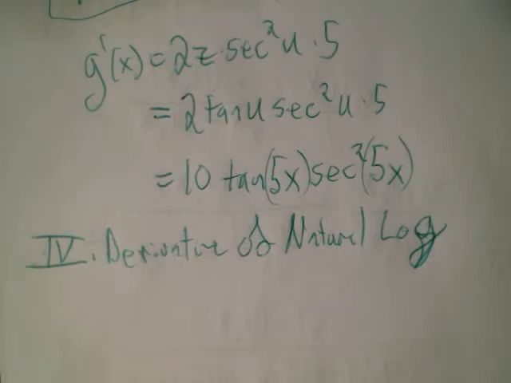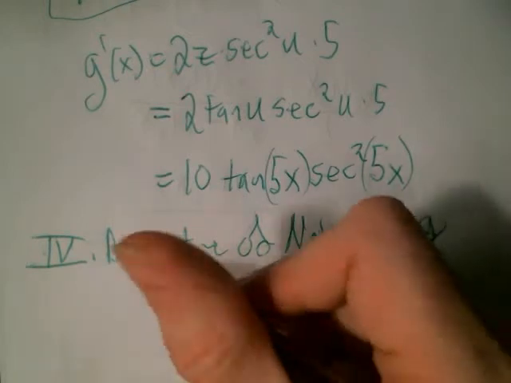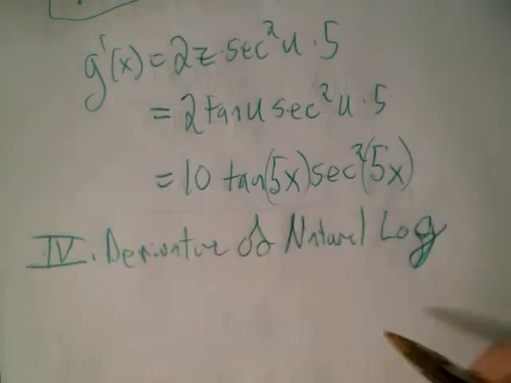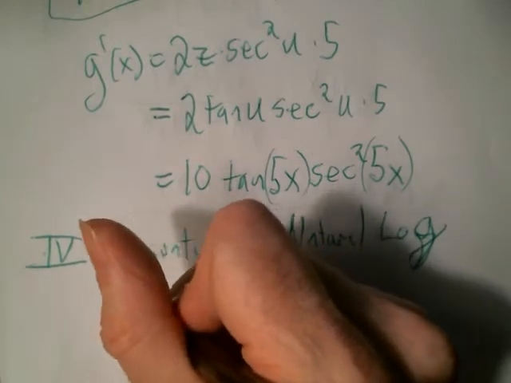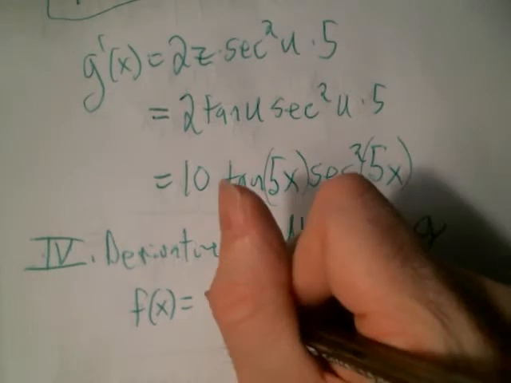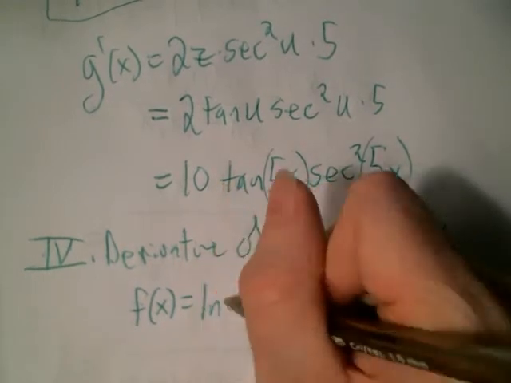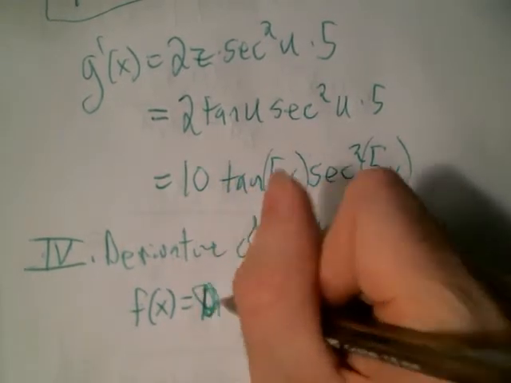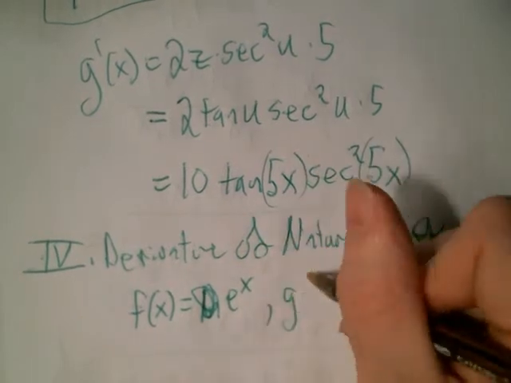But ultimately, what we want to do is think of this composition of, let's say, f of x is e to the x, and then g of x is ln x.